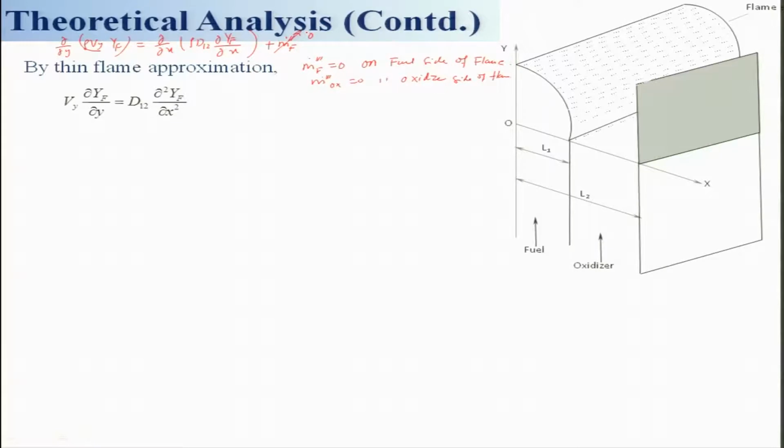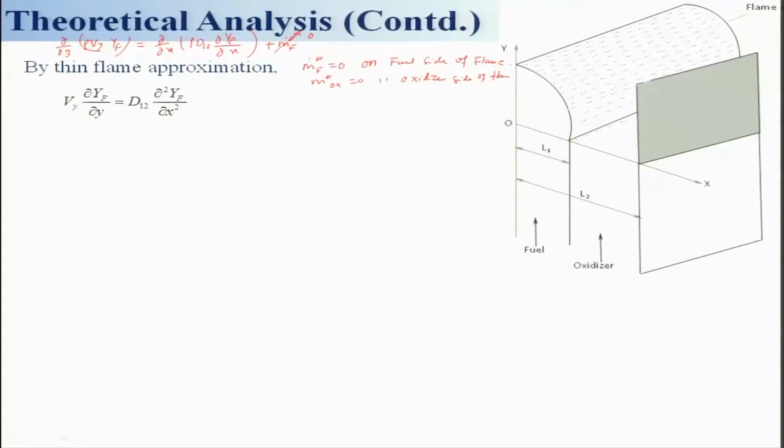Now, ρ v_y is constant, as we have already seen from the continuity equation, so I can take it out. I can write ρ v_y dY_F/dy is equal to ρ D_12 ∂²Y_F/∂x², and this cancels out. I am just doing that here, because ρ v_y is constant, as we have already seen from the continuity equation.